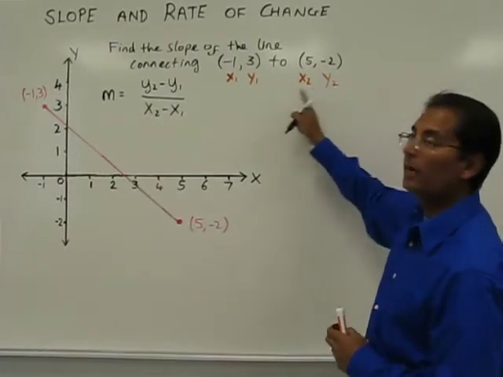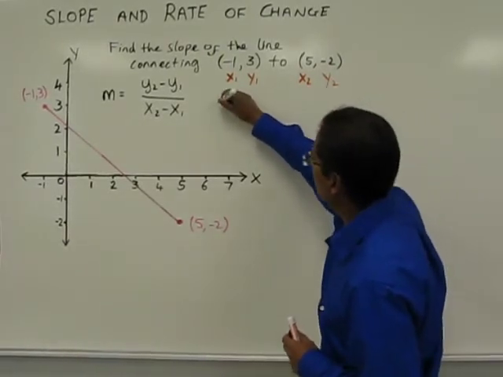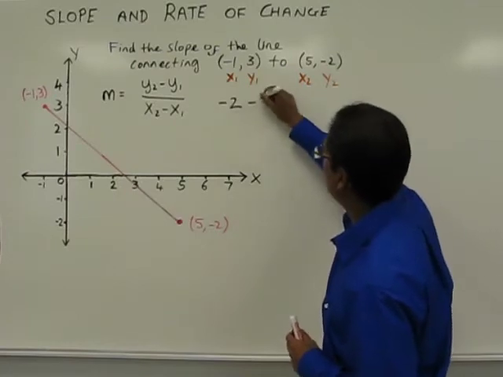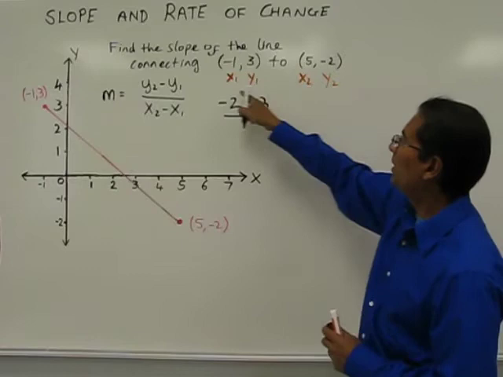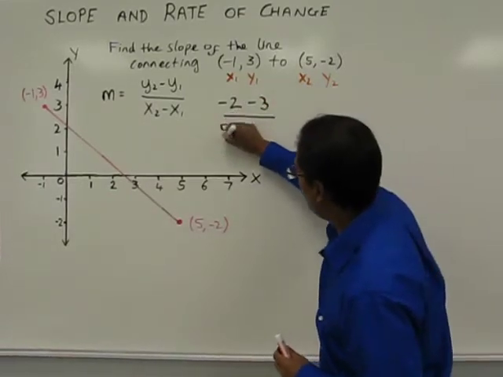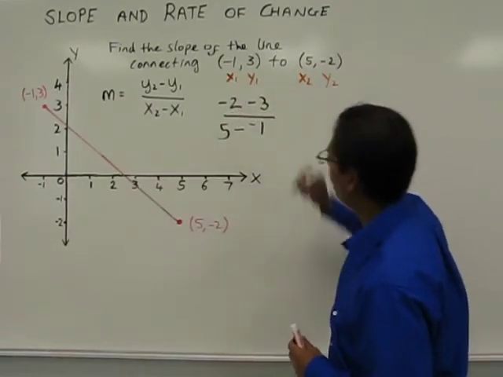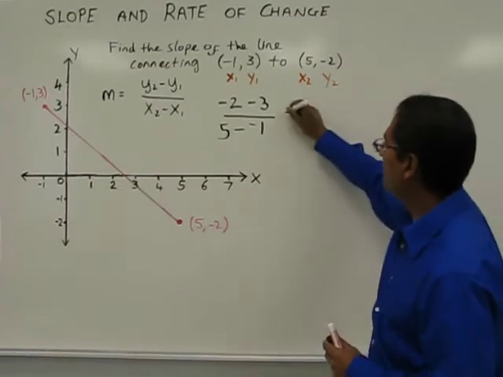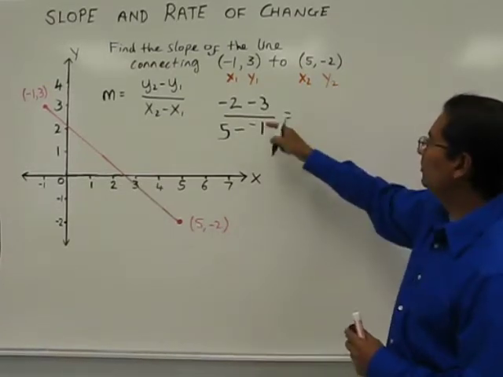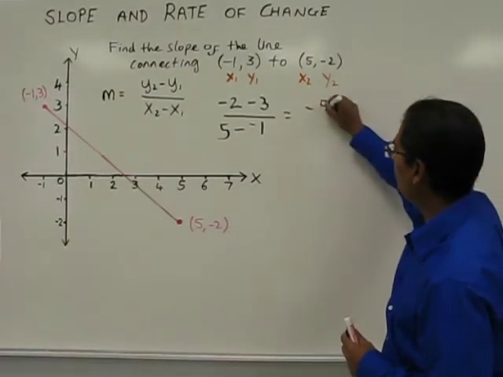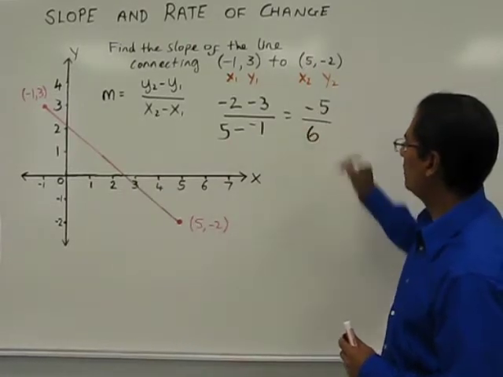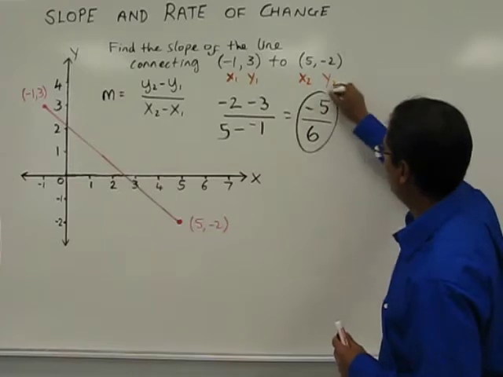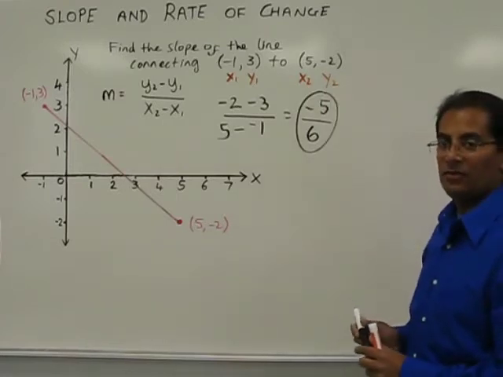I do y2 minus y1, that's -2 minus 3, divided by x2 minus x1, that's 5 minus -1, and I calculate it out. So that's going to give me -2 minus 3 is -5, and then 5 plus 1 gives me 6. So here's my slope, -5/6.